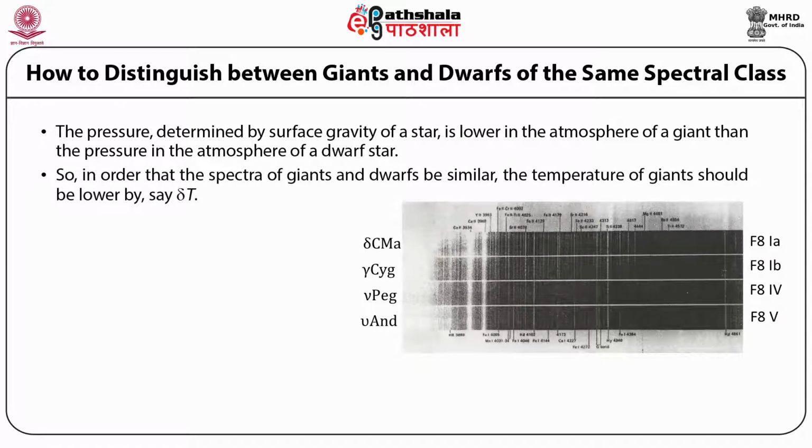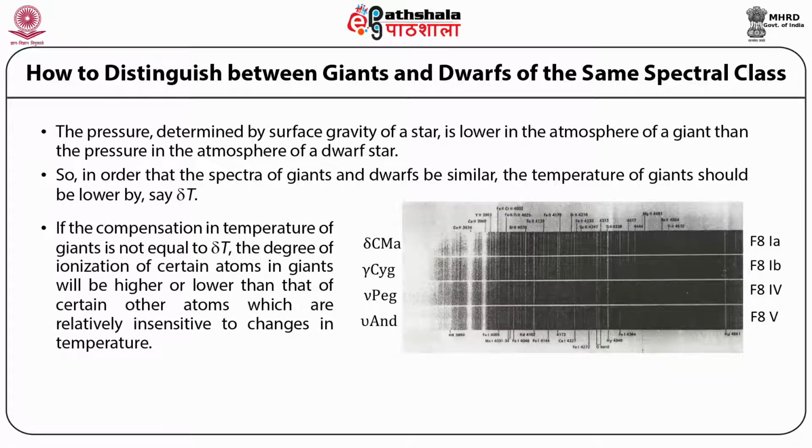So, in order that the spectra of giants and dwarfs be similar, the temperature of giants should be lower by, say, delta T. If the compensation in temperature of giants is not equal to delta T, the degree of ionization of certain atoms in giants will be higher or lower than that of certain other atoms which are relatively insensitive to changes in temperature.